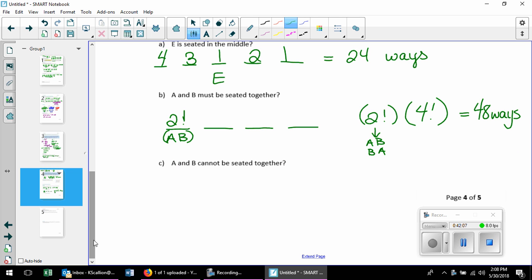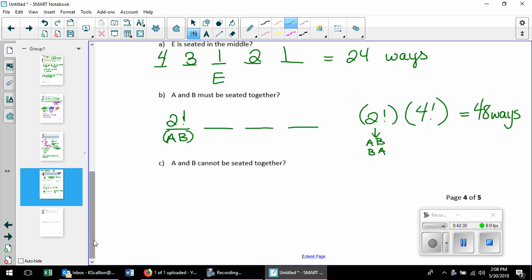Okay, A and B cannot be seated together. Now Amy and Lala are in a fight, and they cannot be seated together. The easiest way to do this, and this shows up on a test, and it shows up on your exam. I guarantee this question will show up somewhere.